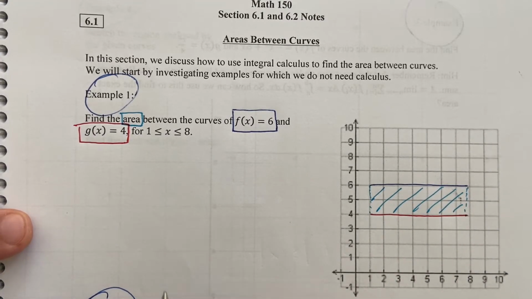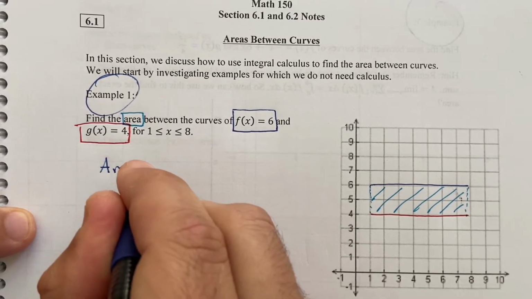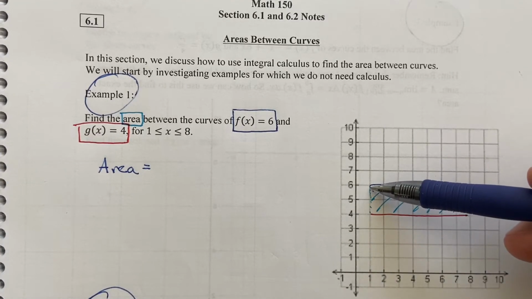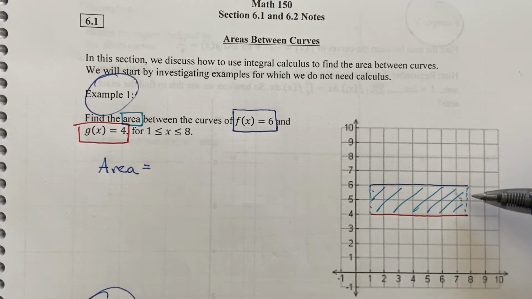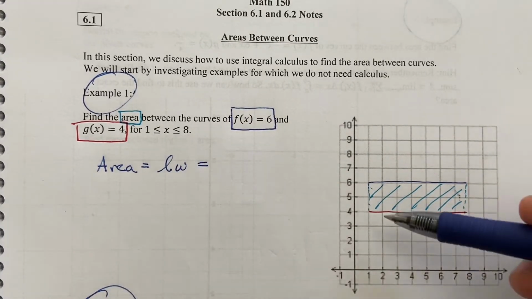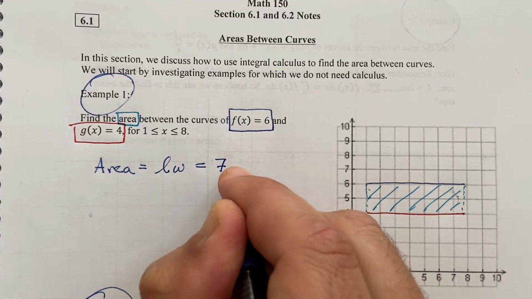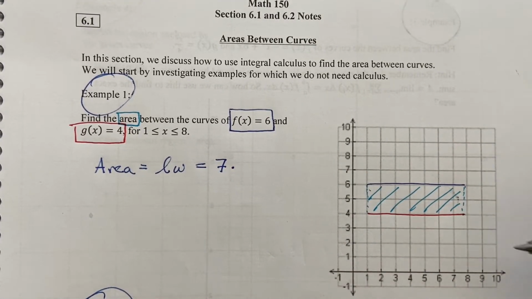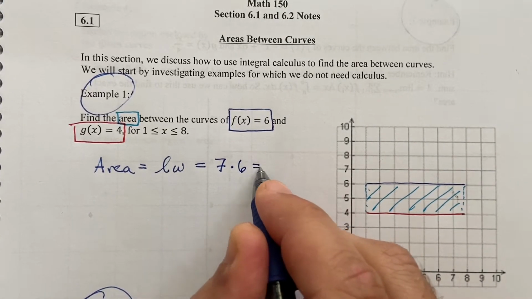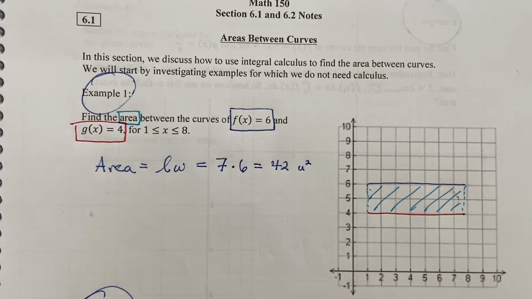The area just under this darker blue curve would be a rectangle, so I'd have an L times W situation, with a length of 7 technically, 8 minus 1, times a height of our function, 6. So that would be 42 square units for that darker blue one.